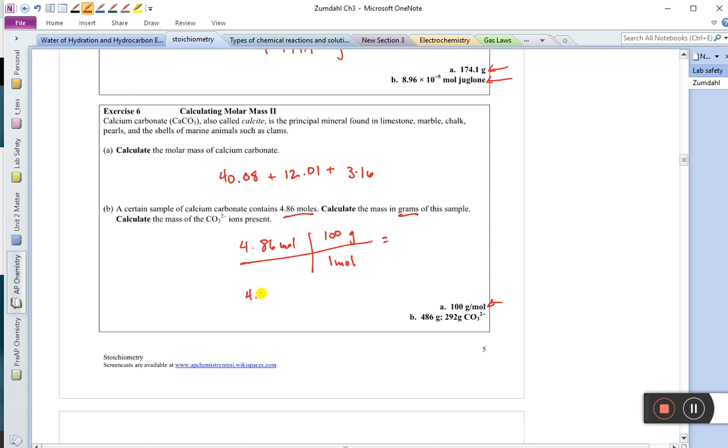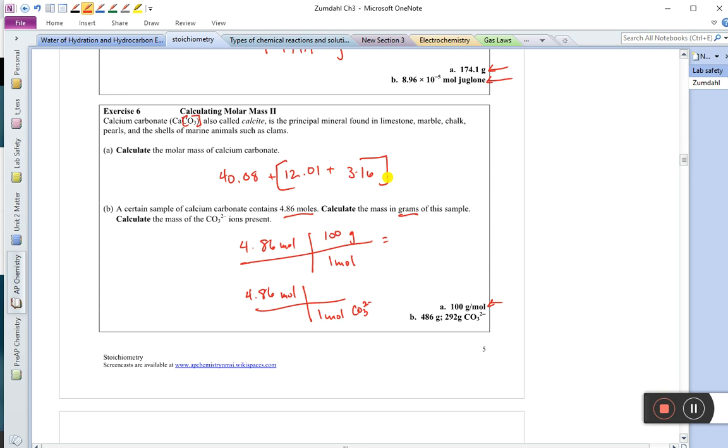So you would still start with your 4.86 moles. If you look at your formula, this is your carbonate. There's only one carbonate, so you don't have to do much fancy math. 1 mole of CO3 is going to weigh just your carbon and your oxygen.